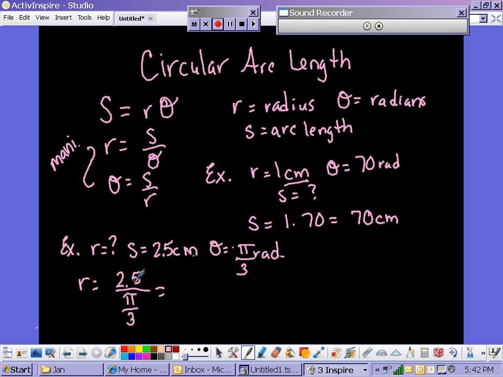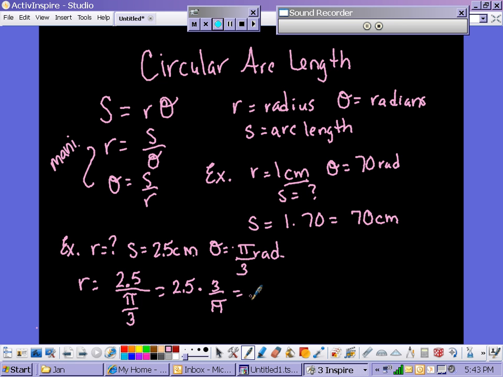Now, because we have a whole number, well, it is a decimal, but it's still a whole number over a fraction, we're going to use keep, change, flip. So we're going to keep our decimal, and we're going to flip or take the reciprocal of pi over 3, which will give us 3 over pi.